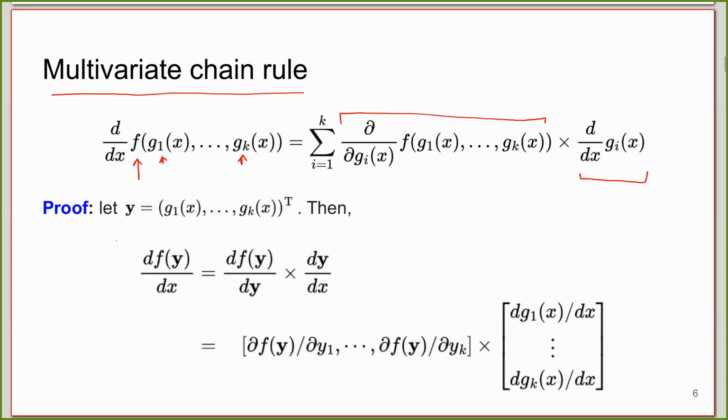You can obtain it very easily by just saying what is the gradient of f, and we're going to call y the output of all these functions g. We just represent that as a vector. So we just have f of y. This is the function that we are interested in, and we want to calculate the gradient of this with respect to x, and you can just say the differential of f divided by the differential of x.